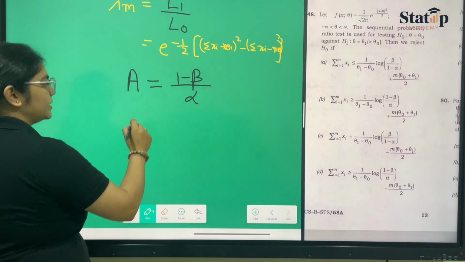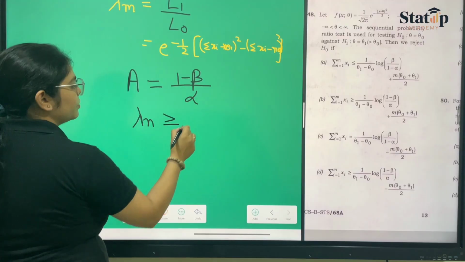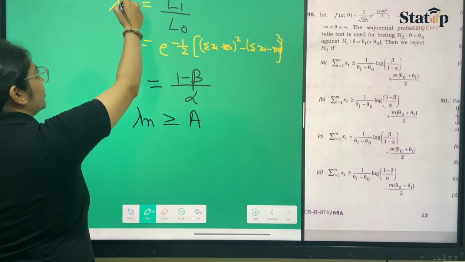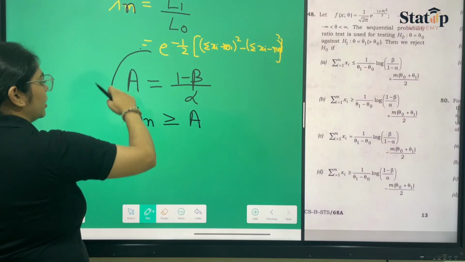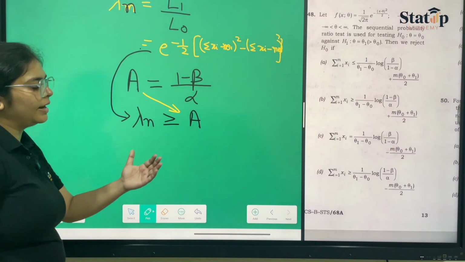A is equal to this and lambda n is greater than or equal to a. So putting lambda n values here and putting the values of a here, we will be getting our final answer.